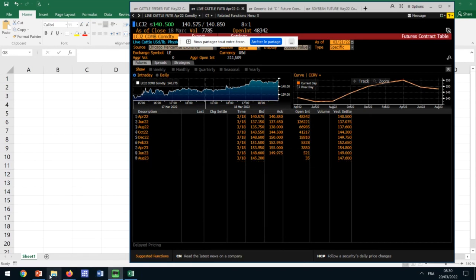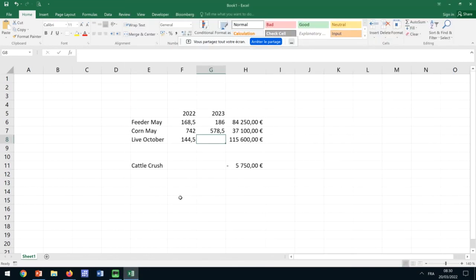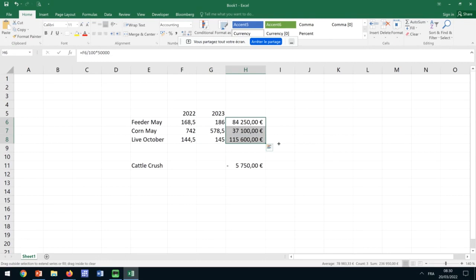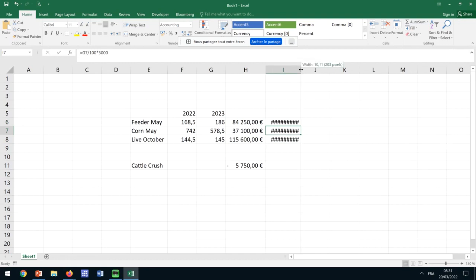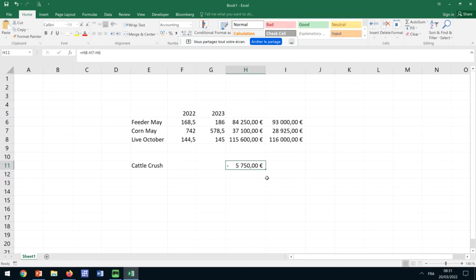Interesting, I mean, you can see a lot of things here. Now, if we pull over this formula, we should get the 23 prices, the 23 cattle spread. And here we do the same thing.